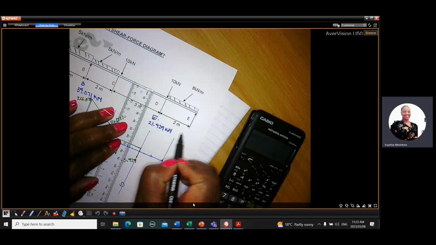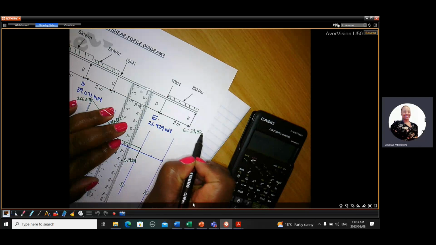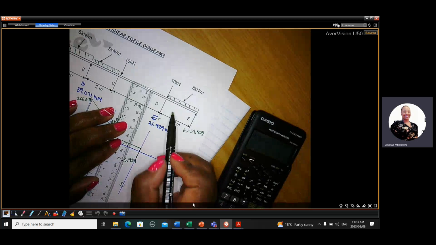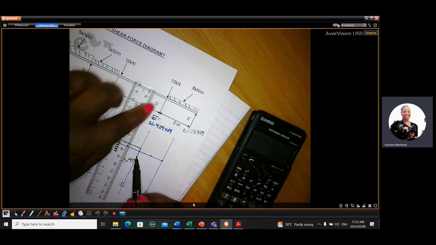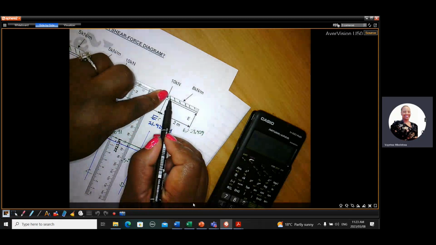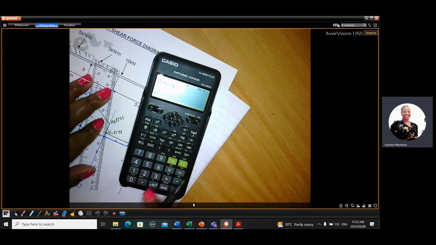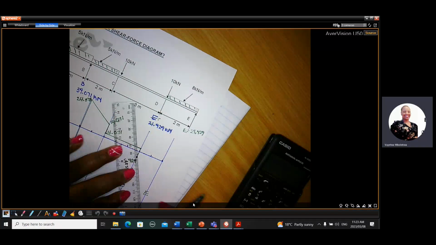And then at point E, E is actually here. At point E, we've already done the point load. Then we have a UDL of 8 covering 2 meters. So we subtract the UDL of 8 covering 2 meters. It gives us minus 21.929.